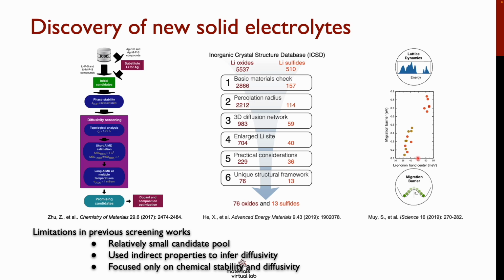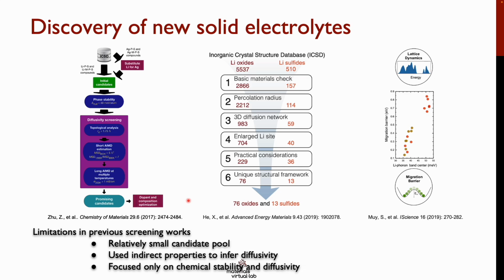For example, in this one, applied by our group, we always use something like topological analysis, this kind of indirect properties to infer diffusivity instead of directly studying the room temperature ionic conductivity. And also, we have a relatively small candidate pool, say Materials Project, which are all known materials instead of new materials.